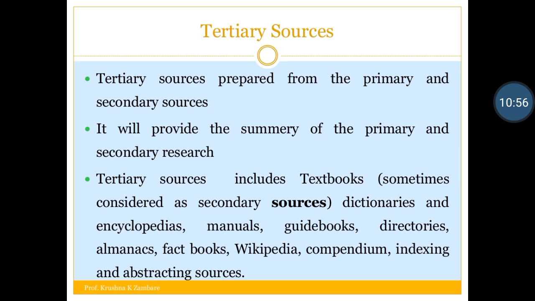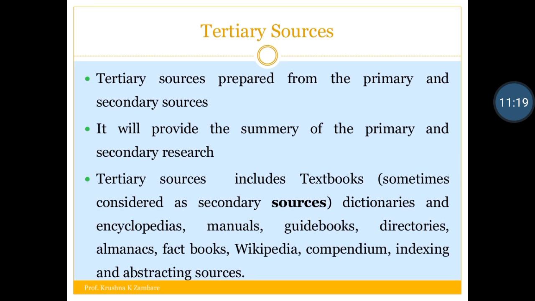Then dictionaries also have information. Then encyclopedias; we can go through the Indian Pharmacopoeia, that is IP, the European Pharmacopoeia, and the US Pharmacopoeia. These types of books we can take as tertiary sources.